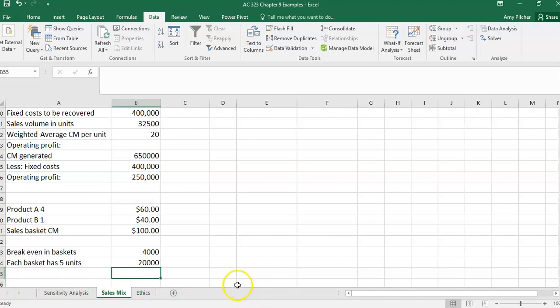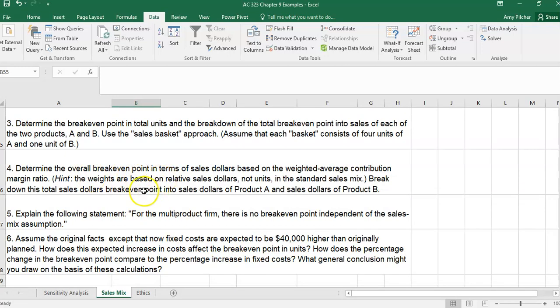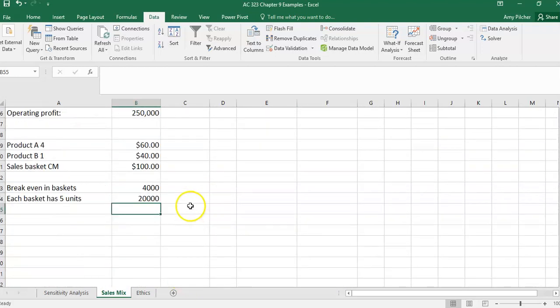Our next question says, determine the break-even point in terms of sales dollars using a weighted average contribution margin ratio. So contribution margin ratio is contribution margin divided by sales dollars. In order to determine this, we have to look at what our current sales are predicted to be and our current selling price to get the weighted point of each sale.